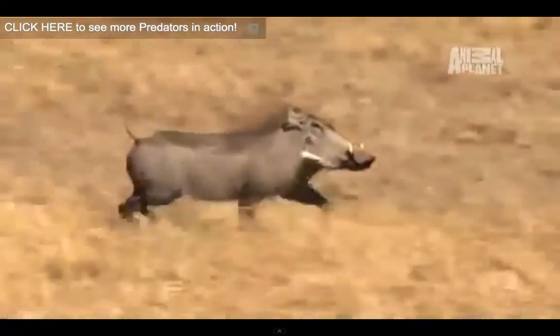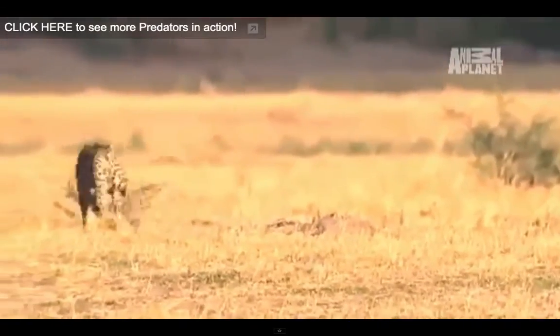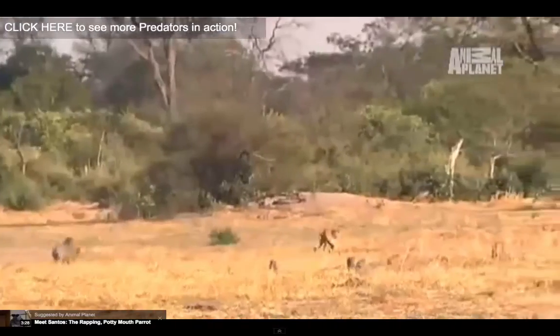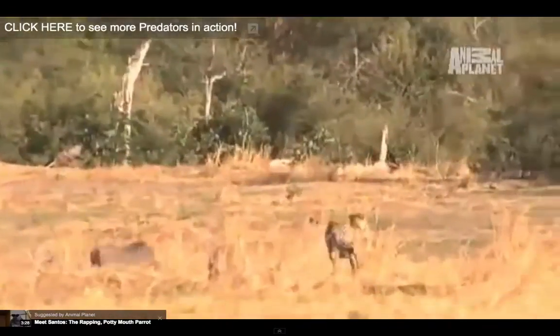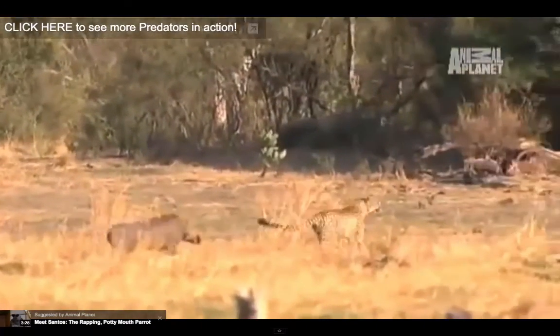Now the cheetah's looking for the baby still. All these systems are acting together. And for the time being, the cheetah leaves, because the cheetah knows it's not much of a match for the full-grown warthog. The cheetah, by its nature, well, most of the attacking predatory cats are going after that easy kill. And the warthog, the adult warthog, is not an easy kill. And so it recognizes that.